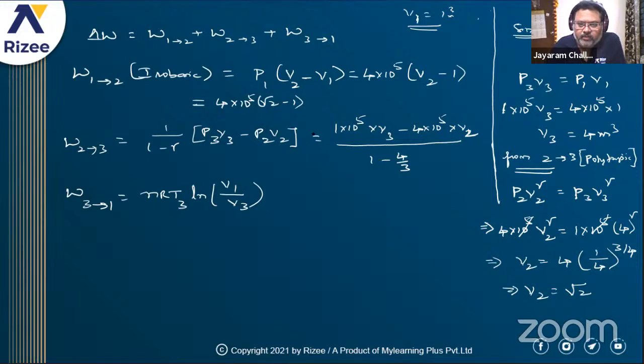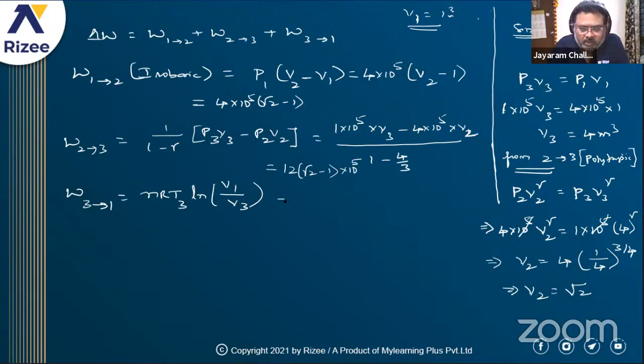So we can solve this one. V3 is going to be 4 and V2 is equal to root 2. So now on substituting overall, we can get this as 12 into root 2 minus 1 into 10 to the power of 5 term will also be there.